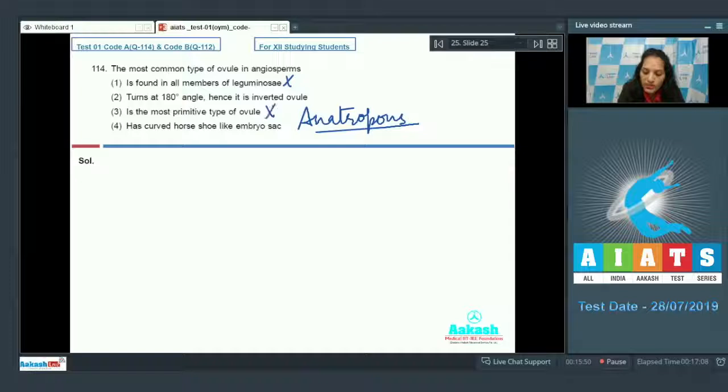No. Orthotropous type of ovule is the most primitive type of ovule, which is also seen in the gymnosperms. Has curved horseshoe-like embryo sac? No. So the most common type of ovule in the angiosperms, which is Anatropous, turns at a 180-degree angle, hence it is an inverted ovule. This is true. So the correct option for the given question is option number 2. Let's move to the next question.